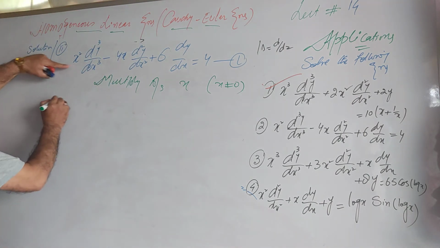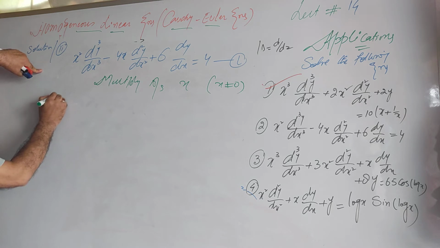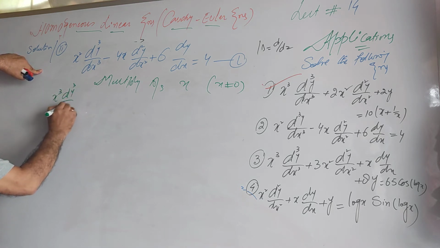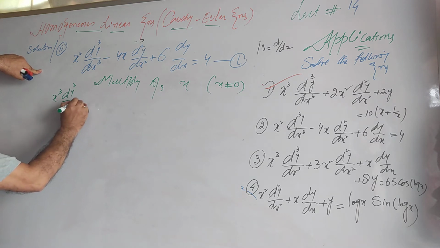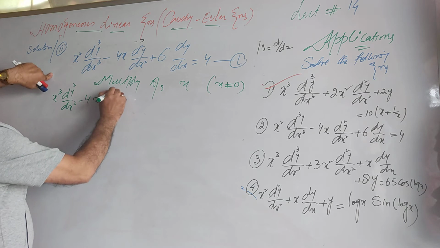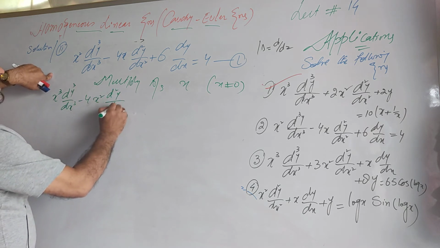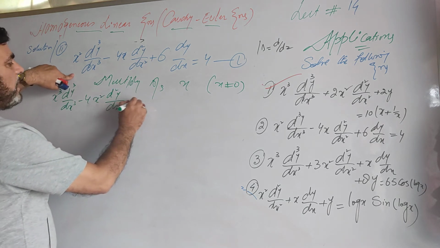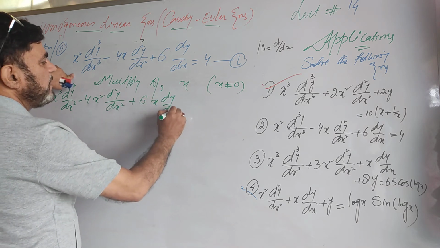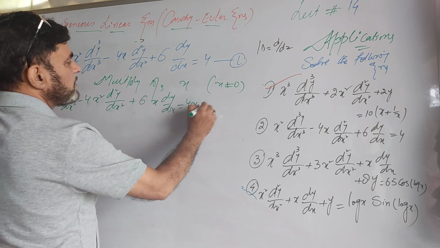This becomes x cubed d3y by dx cubed, this is your minus 4x squared d2y by dx squared, then plus 6x dy by dx is equal to 4x.